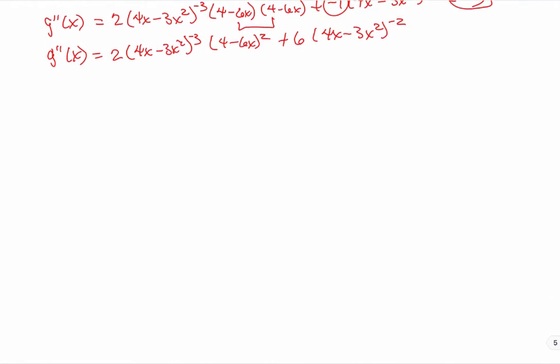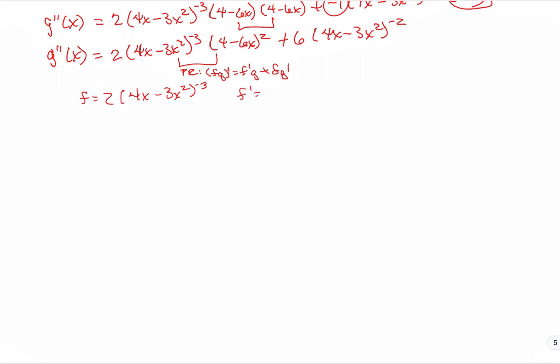When I find the third derivative, this right here is going to be a product rule. So that's going to be (fg)' equals f prime g plus f g prime. So f equals 2 times (4x minus 3x squared) to the negative 3.